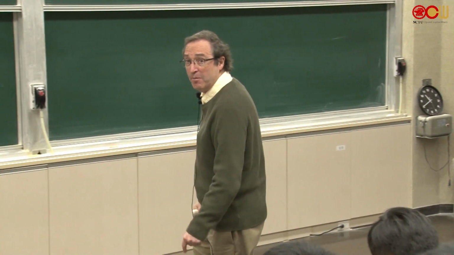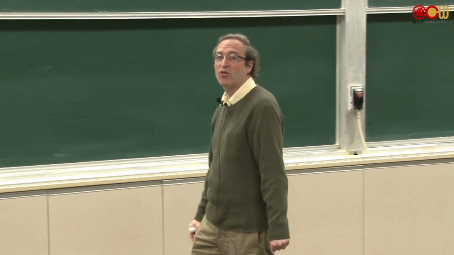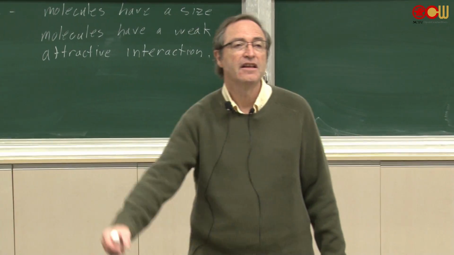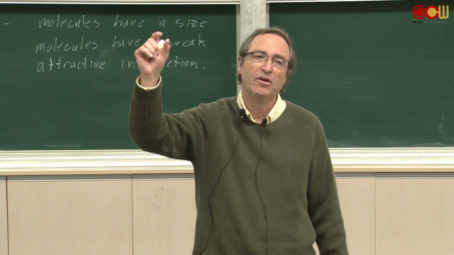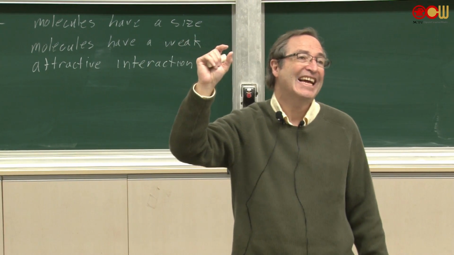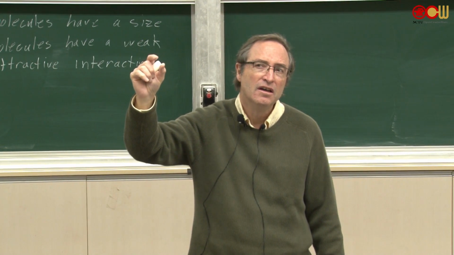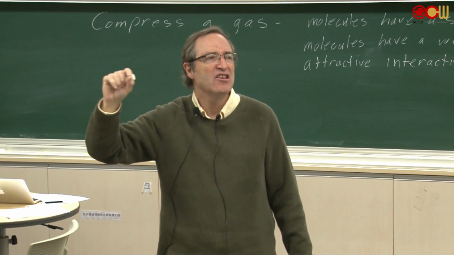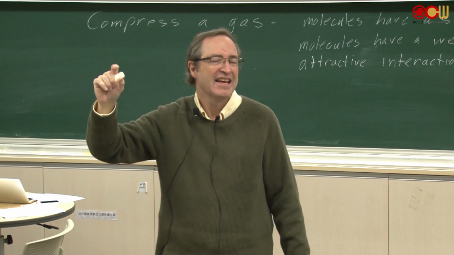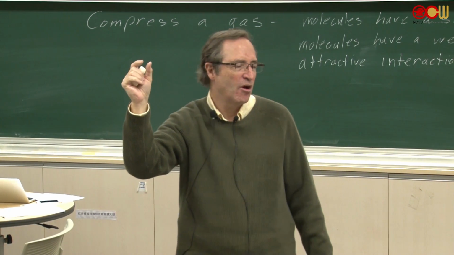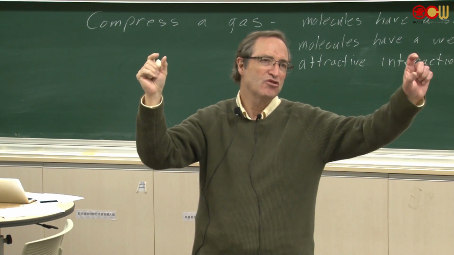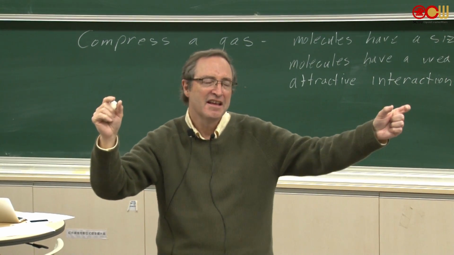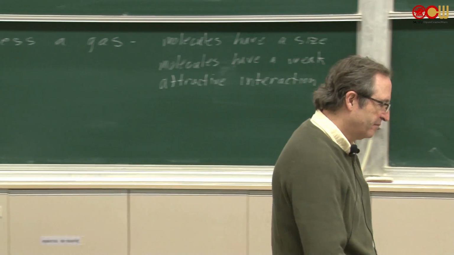Where does that come from? It comes from what are called dipole-dipole interactions. In other words, each molecule is electrically neutral, but the charge can be not quite uniformly distributed, and that leads to a little dipole moment. That induces a little dipole moment in the other molecule, and then there's an interaction.